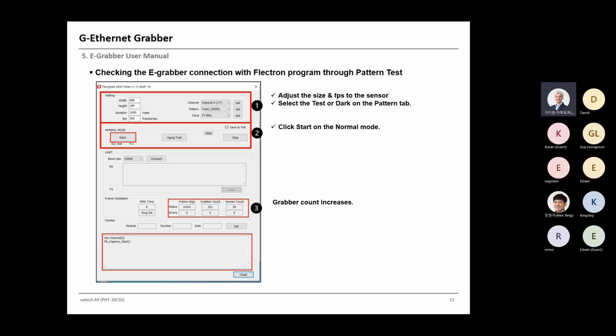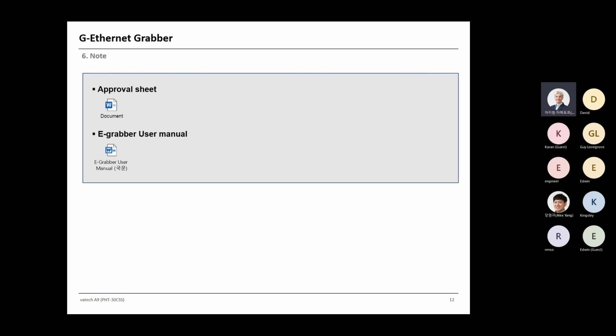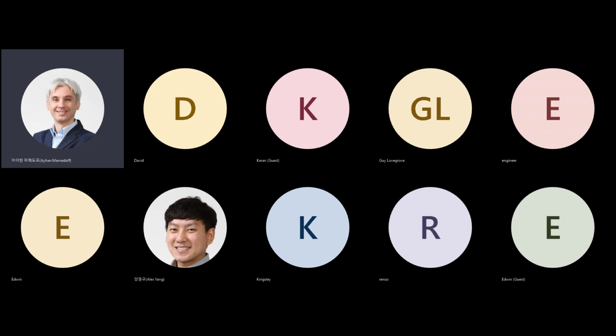So this is what you can do. In case of the grabber count, you will see them increasing here, right? And if there are any errors, you will see them here in these boxes. So this is pretty much it. I'm going to return to the previous slide now. This is about the grabber card.